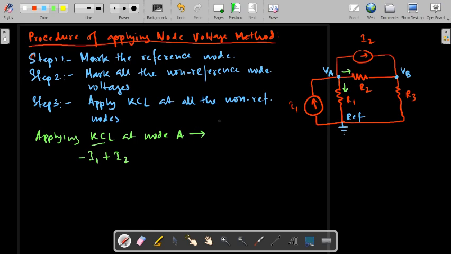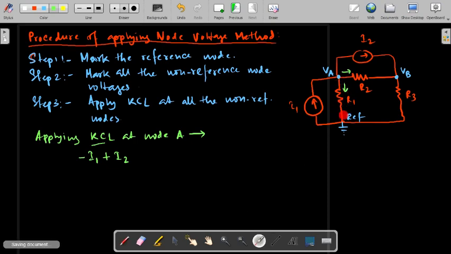You can take the other convention also. It is not mandatory to follow the same convention that I consider, that is, current going out of a node is positive. That is the convention that I take. Now there are two other branches connected.